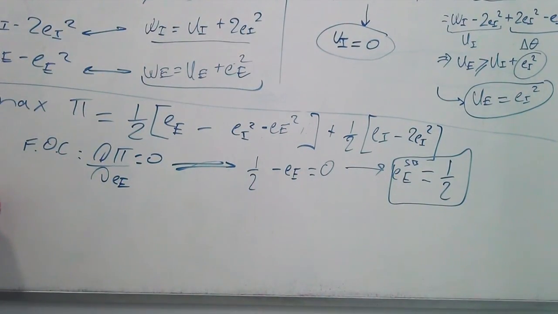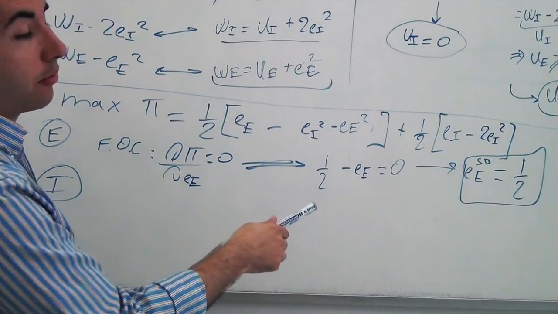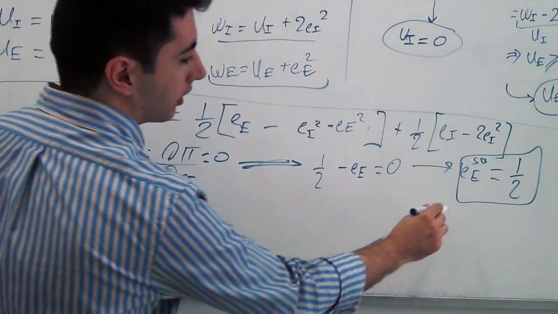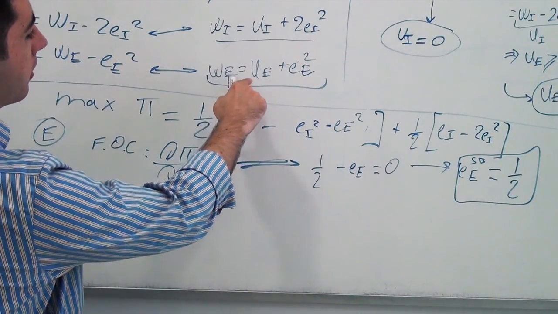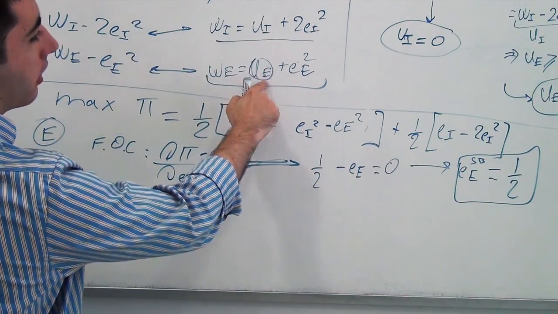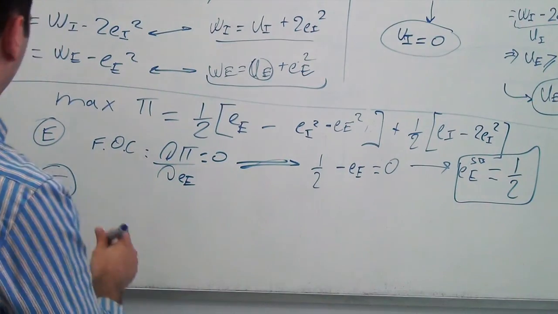Note that in the second best we cannot directly derive the wage, because the wage of the efficient depends on this, and this depends on the effort of the inefficient, which we don't know yet.